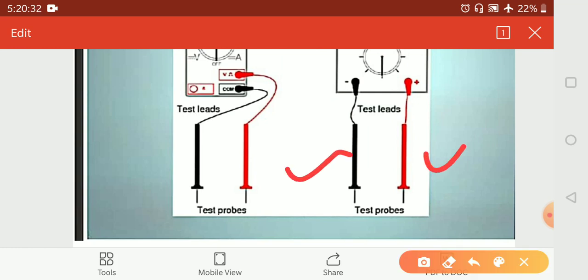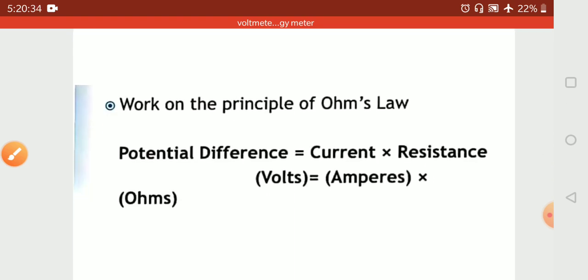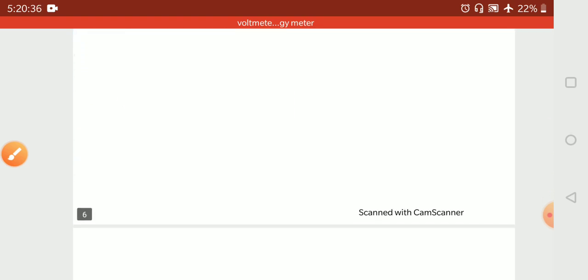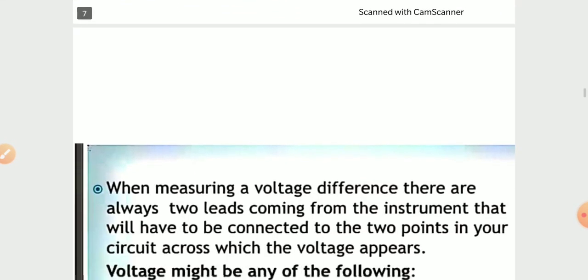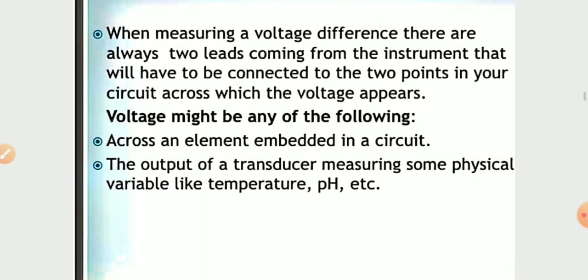So these are connected across the circuit at which we measure the voltage. The voltage might be any of the following: across an element embedded in the circuit, and the output of a transducer measuring some physical variable like temperature, etc.